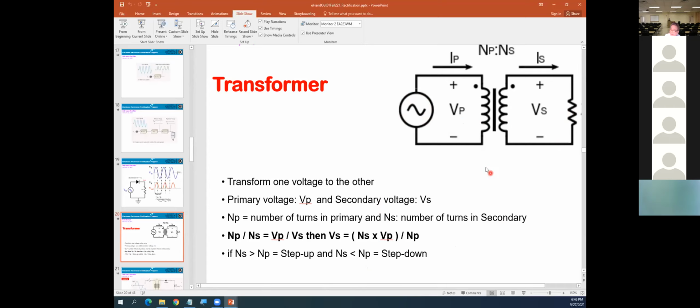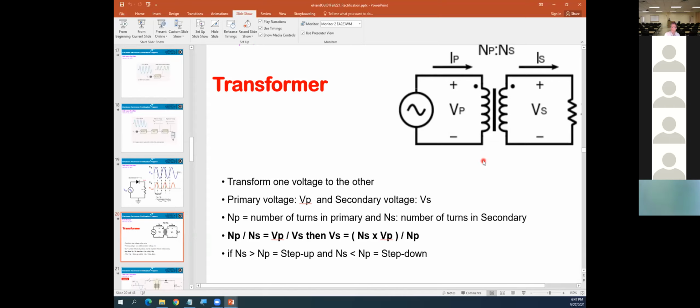We don't need to go into too much detail on this, because it's not needed for the technician. The only thing is you see the symbol and know this is the transformer. Which one is the primary?